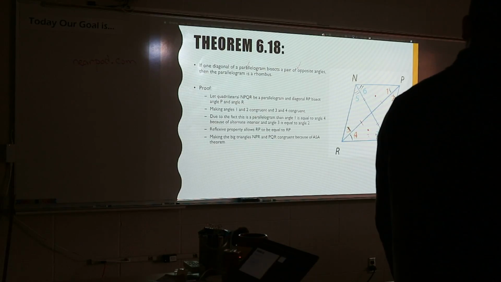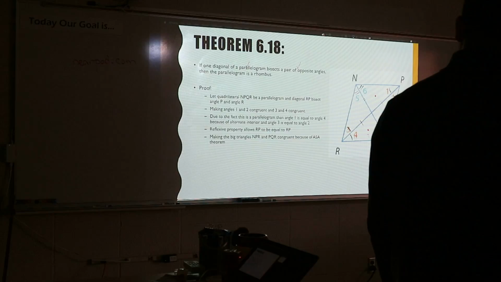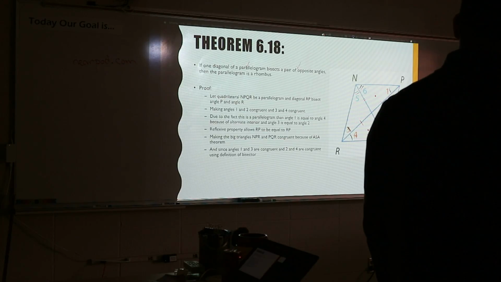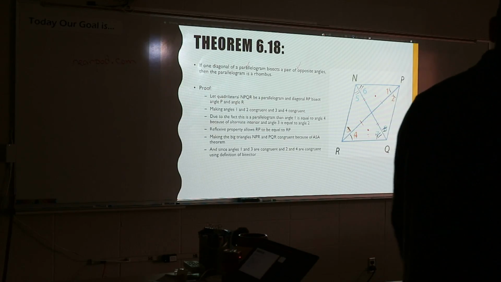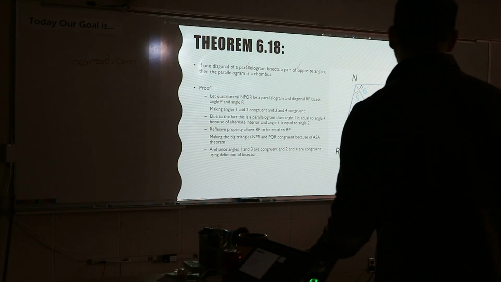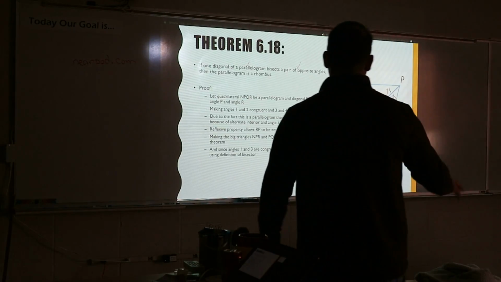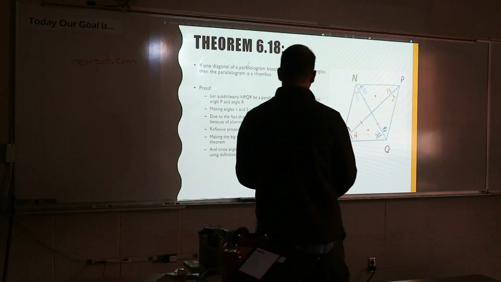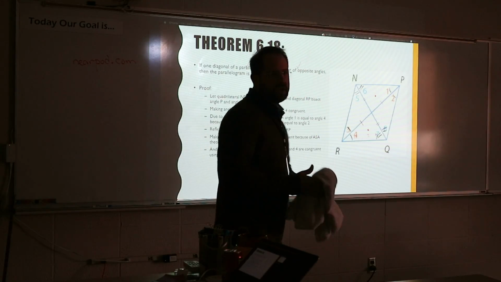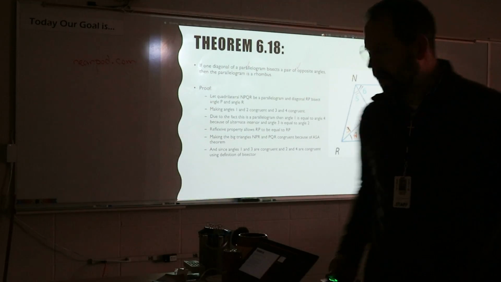You can make angles 1 and 2 equal. The fact that angles 1 and 4 are equal, that's alternate interiors, allows certain sticks to be the same by the reflexive property. And so I'm actually showing you that the whole top triangle is equal to the whole bottom one, because of certain walls and certain angles. And then it forces the opposite walls to be the same, and it would make it a parallelogram.